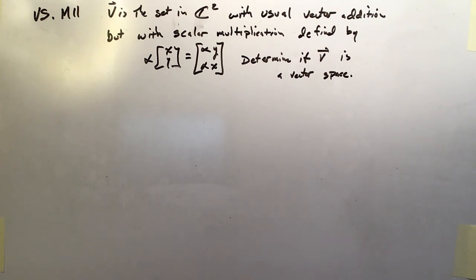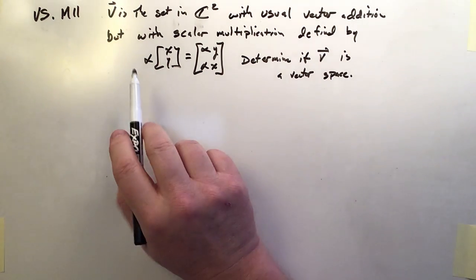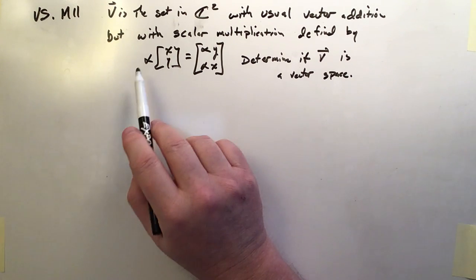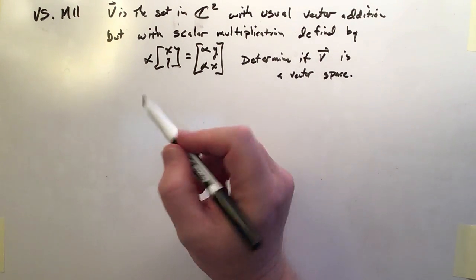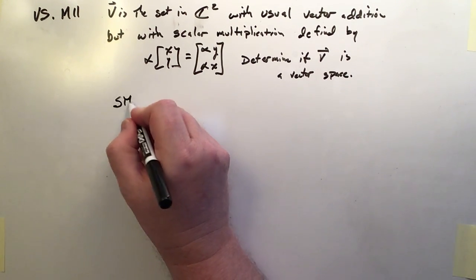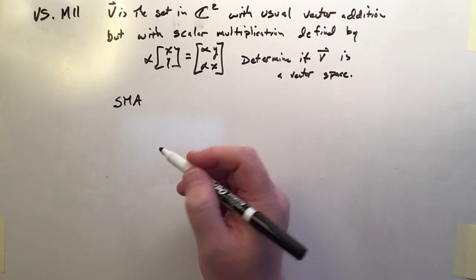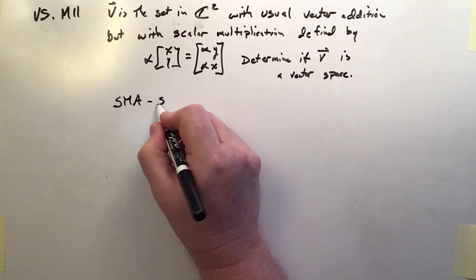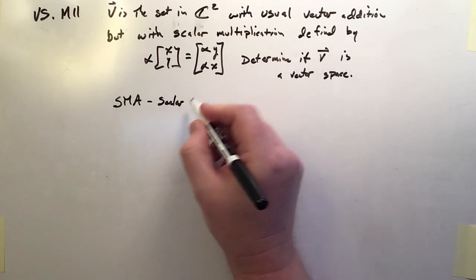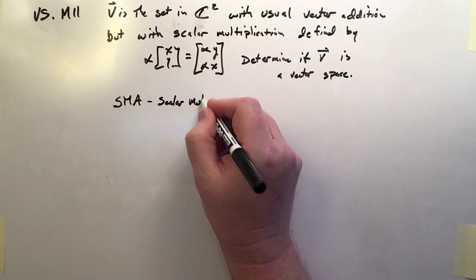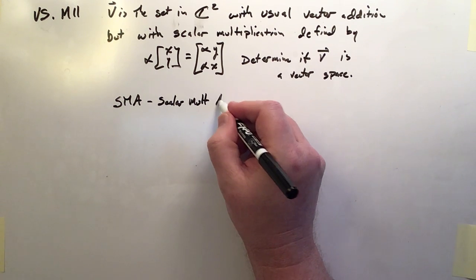One of the first ones we'll look at is the associative property of scalar multiples. Because alpha is a scalar, let's take a look at SMA, scalar multiplication associativity. This is one of the 8 properties that has to be fulfilled.